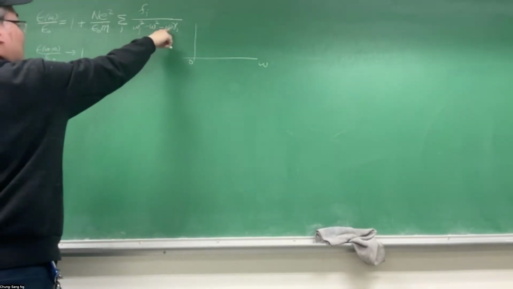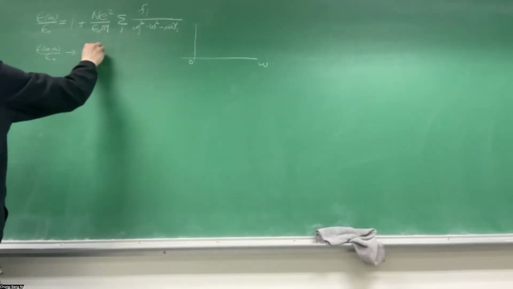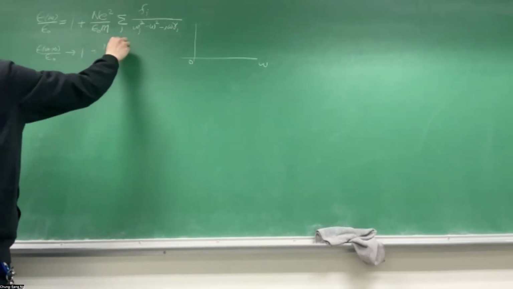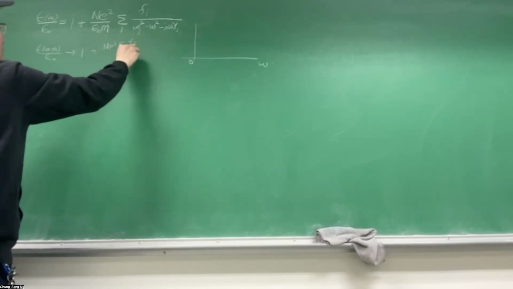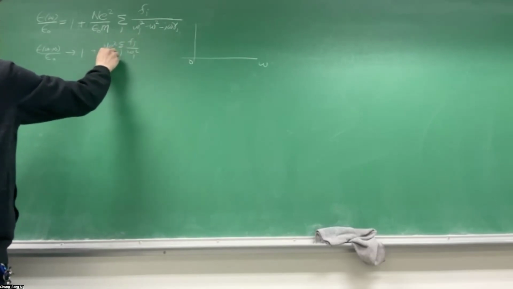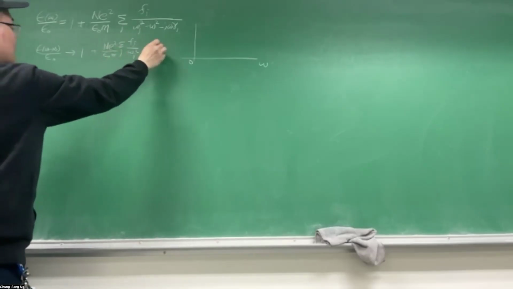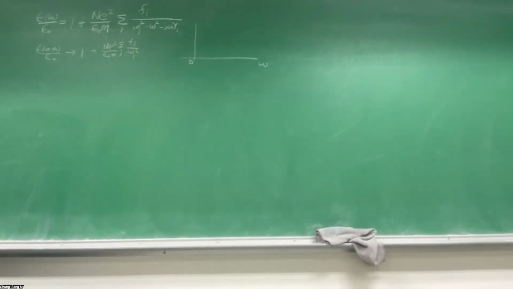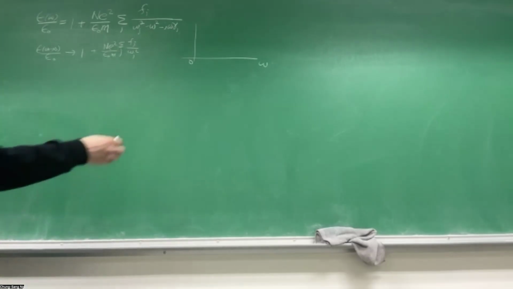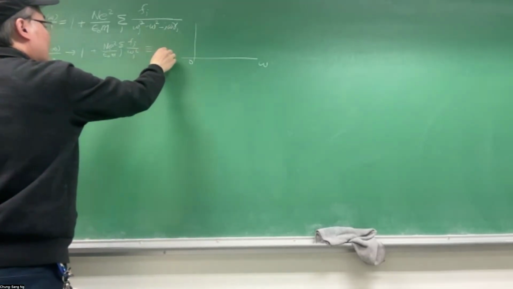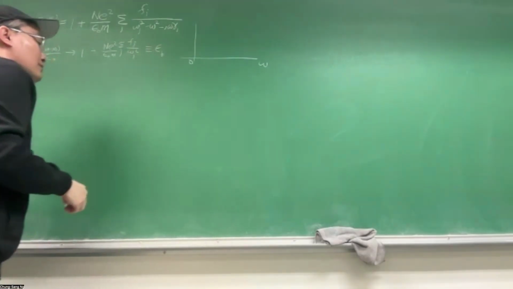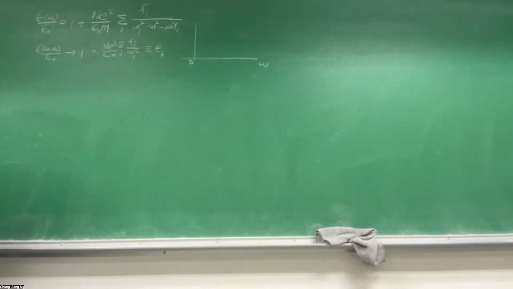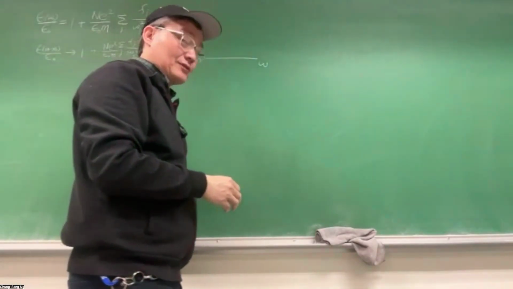So basically you get rid of the other two terms, right? So this is just a constant. I think Jackson would call it something like epsilon background.